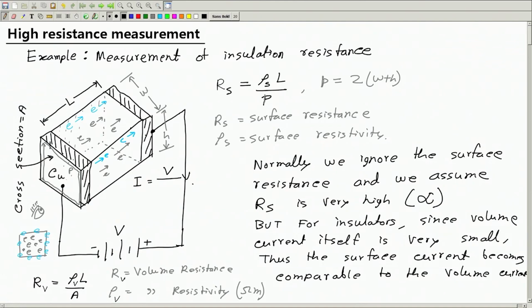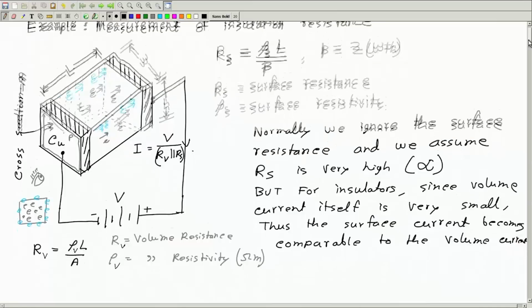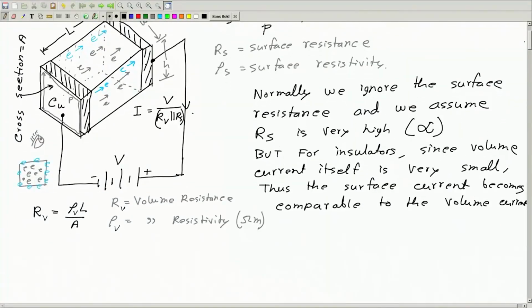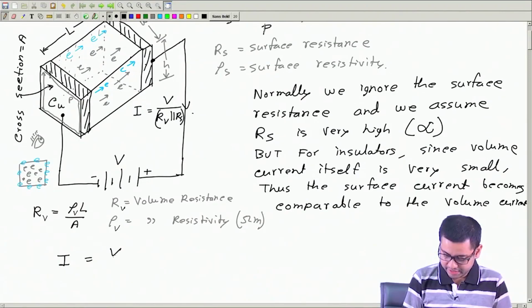But now there are two parallel paths, one path is through the volume, another path is through the surface. Okay. So, here we will have R V parallel R S. So, we have two paths for the current to flow, and the two phenomena are different, but the physical phenomena we will not discuss. We will stay happy with the fact that there are two types of current, one flows through the surface, one through the volume. Okay. So, this is what I will highlight.